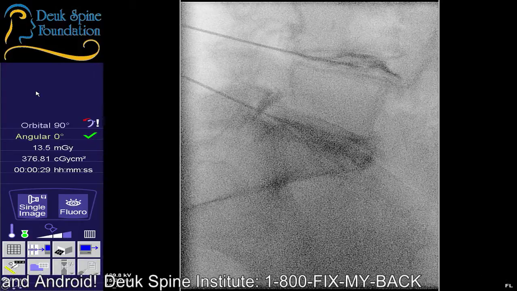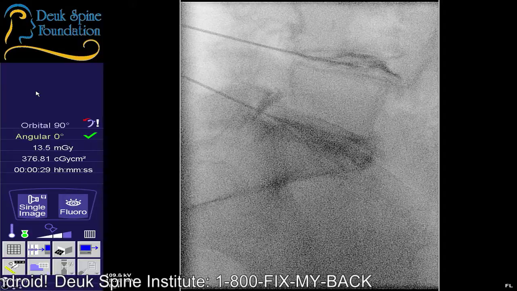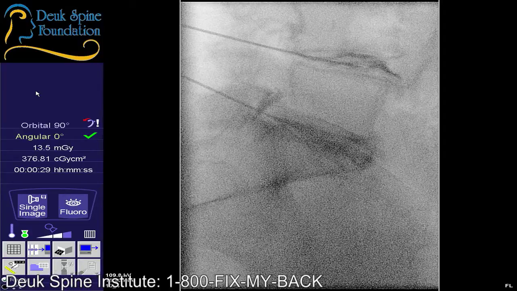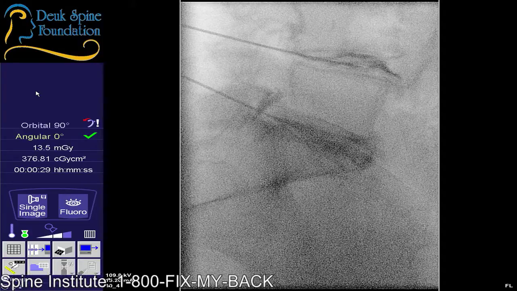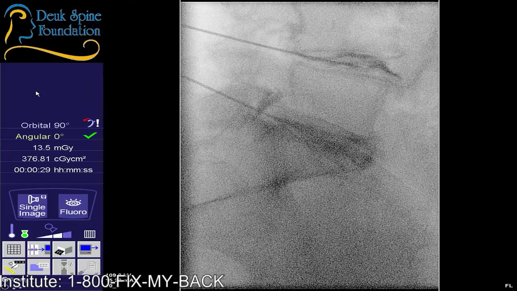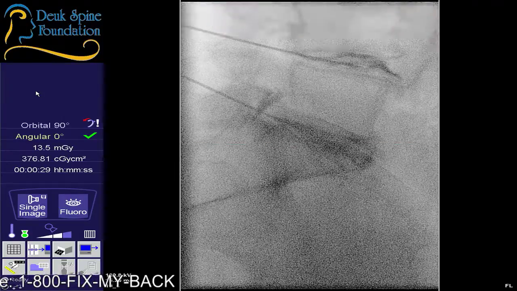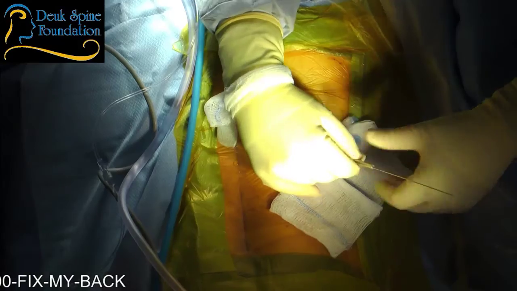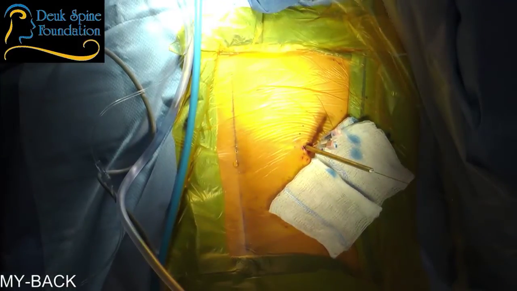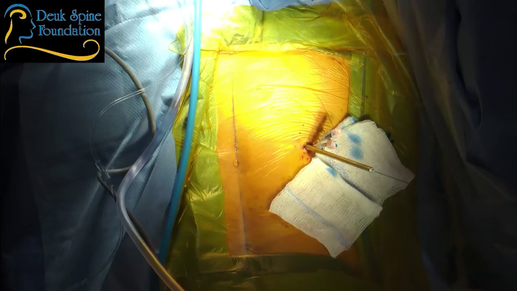The annular tear really happens in the middle of the annulus. Even in trauma, car accidents, falls, normal wear and tear activities, the annular tear is almost always in the middle of the annulus. I've never seen it up against the end plate. I mean, I've seen it once, I think, in 1,000 cases, but it's extremely rare.